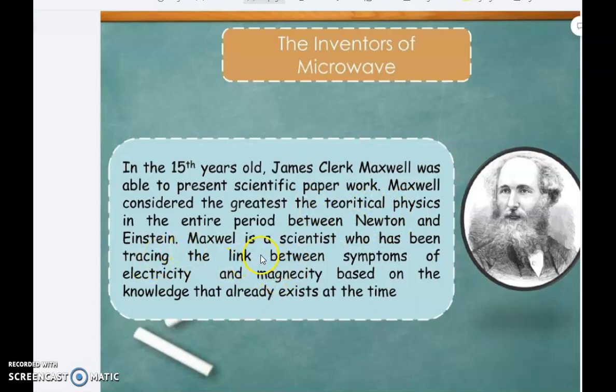Maxwell was a scientist who traced the link between electricity and magnetism, based on the knowledge that already existed at the time. Of course, all of you can bear witness, that's why we are asked to derive Maxwell's equations. Of course, we know all those equations, and Maxwell disagreed with one of them, that is Ampere's law. And in another video, we're going to be talking about why Maxwell actually disagreed with Ampere's law.